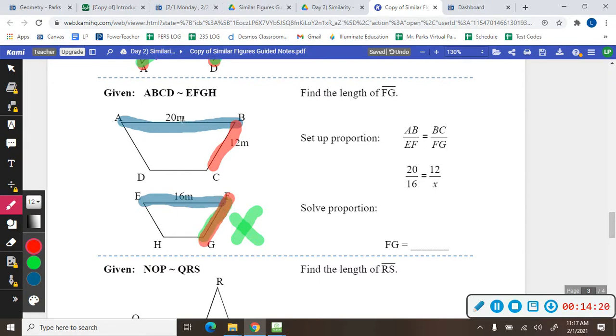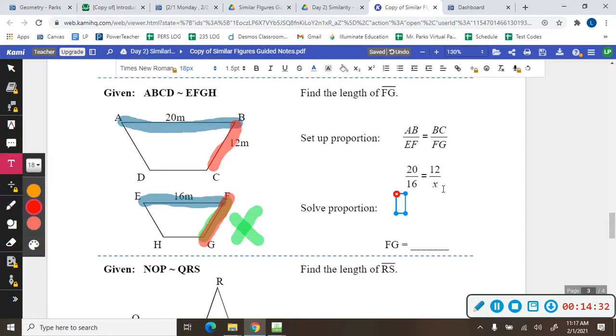And so that's what they did. 20 divided by 16 is equal to 12 divided by x. And so now you have your proportion. And then from there, you just cross multiply. You get 20 times x is 20x. 16 times 12. And then you take 16 times 12, you get 192.